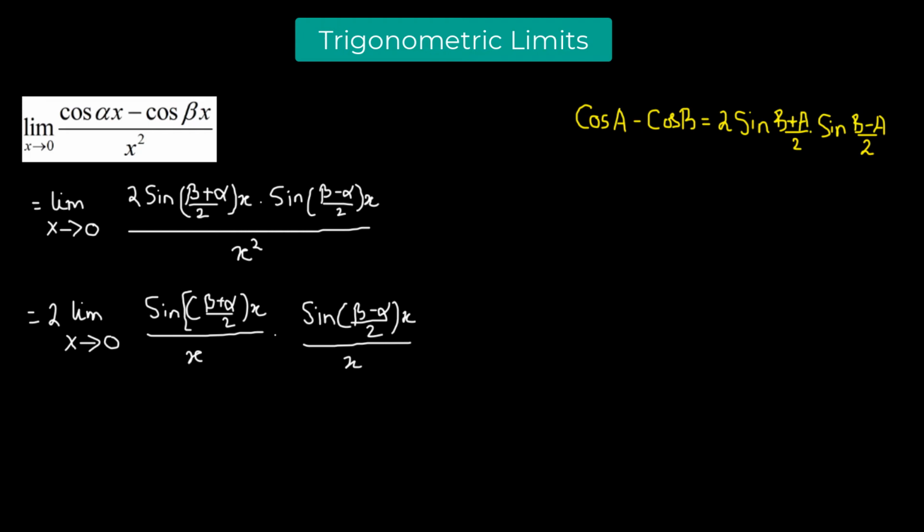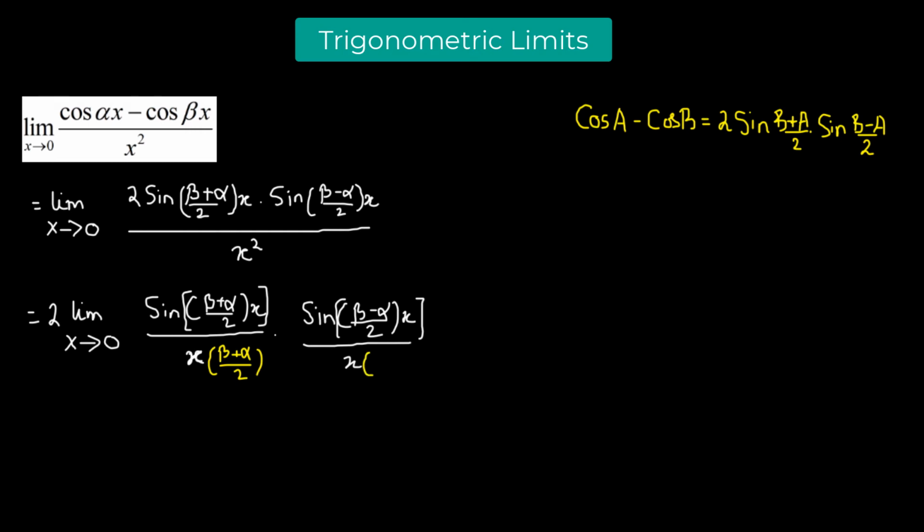Now we have to make this denominator multiplied by (beta plus alpha) over 2. So let us do that. We're going to multiply it by (beta plus alpha) over 2. This has been done so that we can apply the standard limit sin x over x, which, when x tends to 0, gives a limiting value of 1.